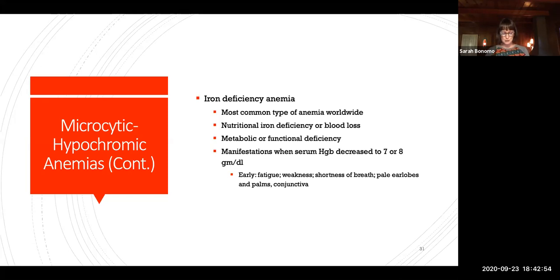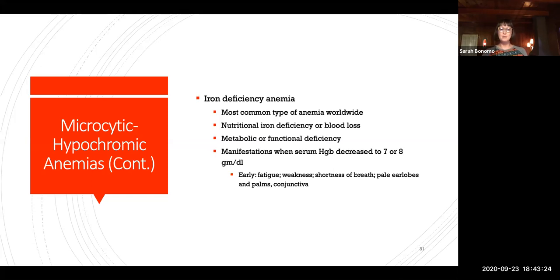So again, usually you're going to see signs and symptoms in patients when that hemoglobin drops to within the 7 or the 8 grams per deciliter range. The people who are at highest risk for iron deficiency anemia are typically those who live in poverty, women of childbearing age, which makes sense because they have regular blood loss, and children, actually.